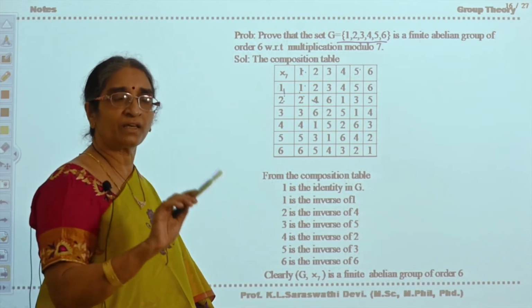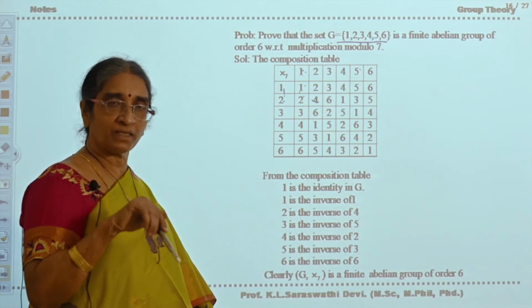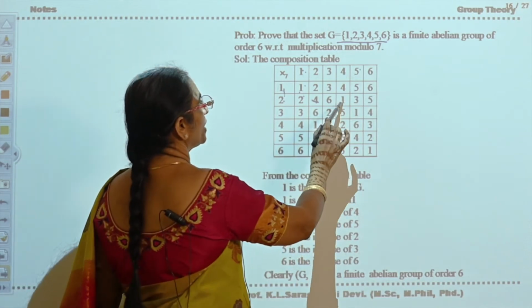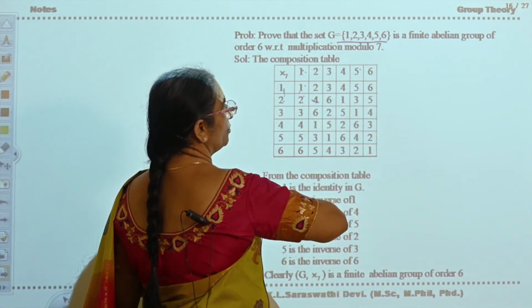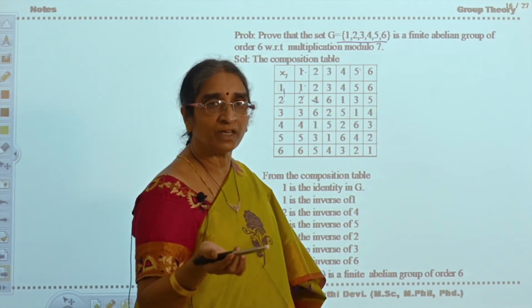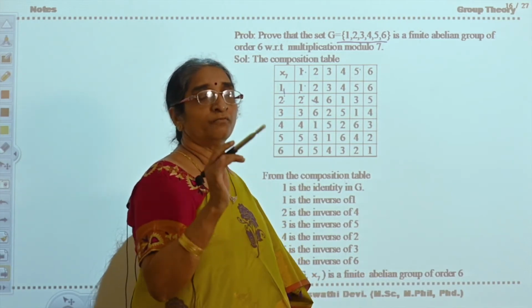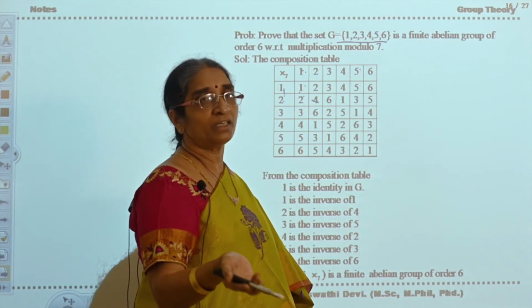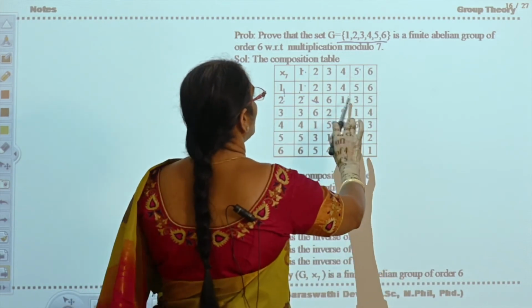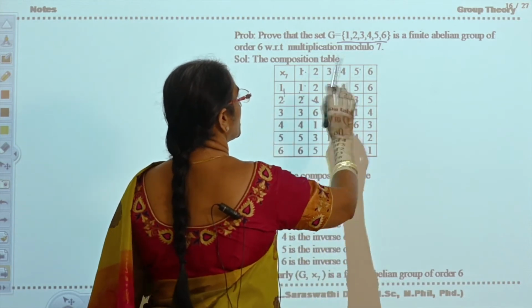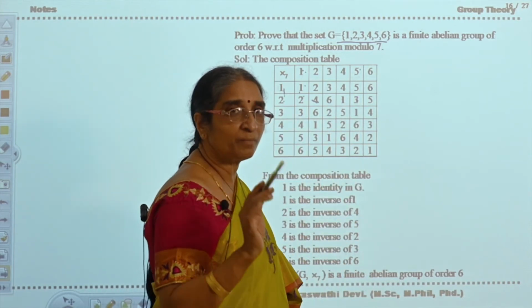So when you divide 8 with 7, you will get the remainder 1. That 1 you are writing here. 2 into 5, 10. 10 by 7 means the value you are not writing here. When you divide 10 with 7, the remainder you are writing here. That is 3. 2 into 6, 12. 12 by 7, the remainder is 5.